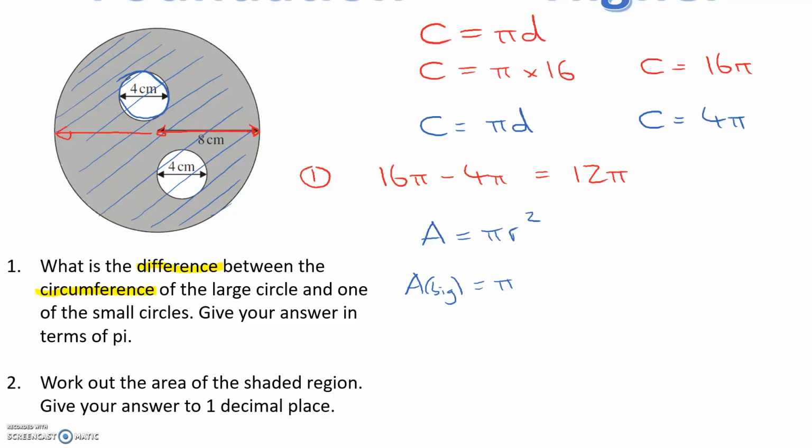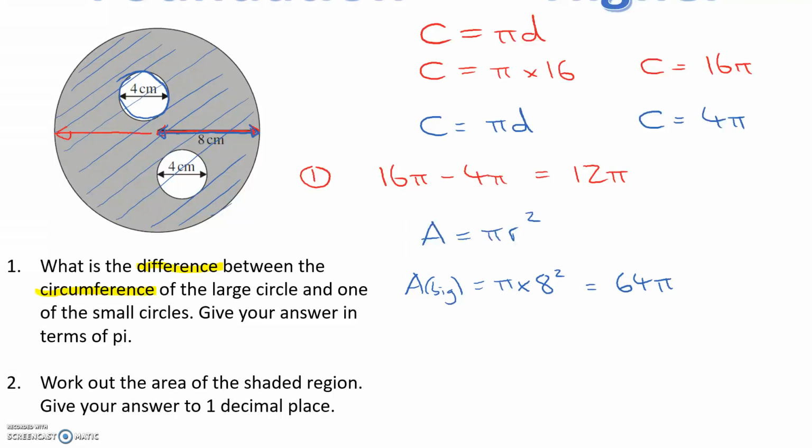The radius of that circle was the dimension they gave us, it was the 8. So we need to use the 8, not the 16. That's going to give us pi times 8 squared, or 8 squared, 64. Remember, we only square the 8, not the pi. So it's going to give us pi times 64, or 64 pi. That's the area of the big circle.